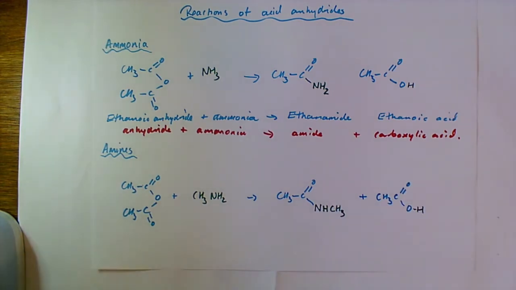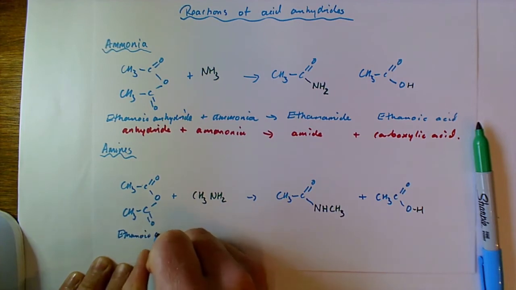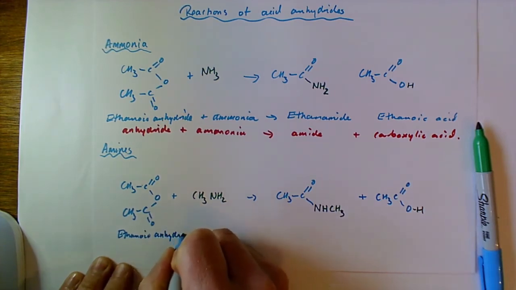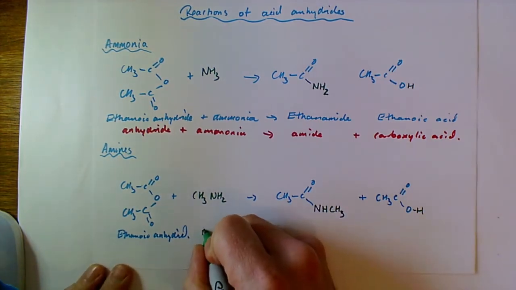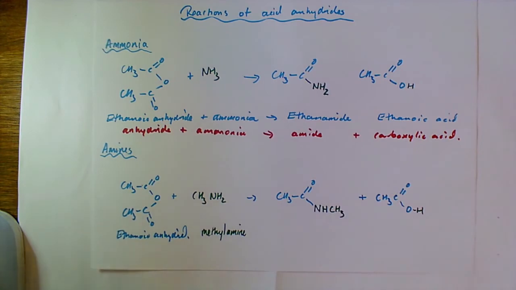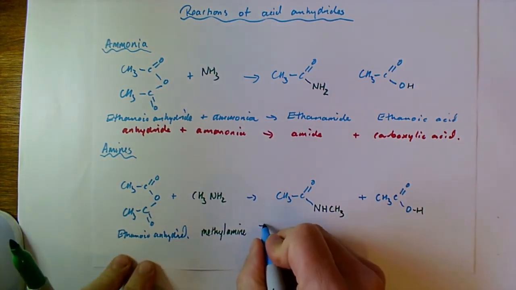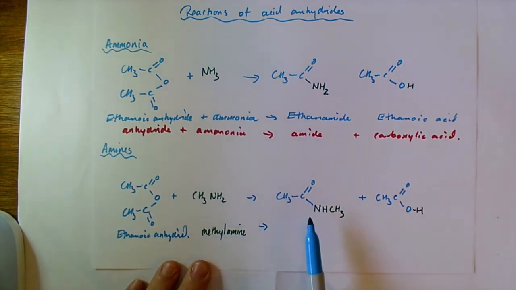There we go. So let's name these. Ethanoic anhydride. Now remember what this one is. Methylamine. Pronounce it as you like, as long as you spell it correctly in your exam, it doesn't matter. Okay, so now we've made an N-substituted amide.